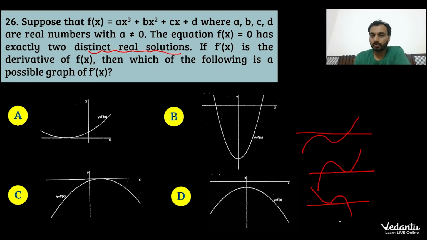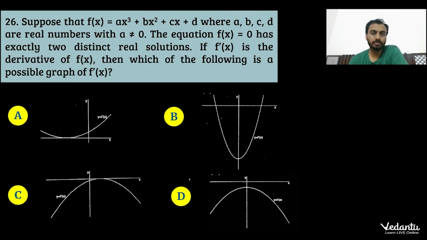So in all the possibilities you can see the derivative is positive as well as negative. If you see the diagrams, in A it is only positive, in C it is only negative or 0, and in this one also it is negative. So the correct graph for f'(x) is B, because in this f'(x) is positive as well as negative. We can easily observe this.